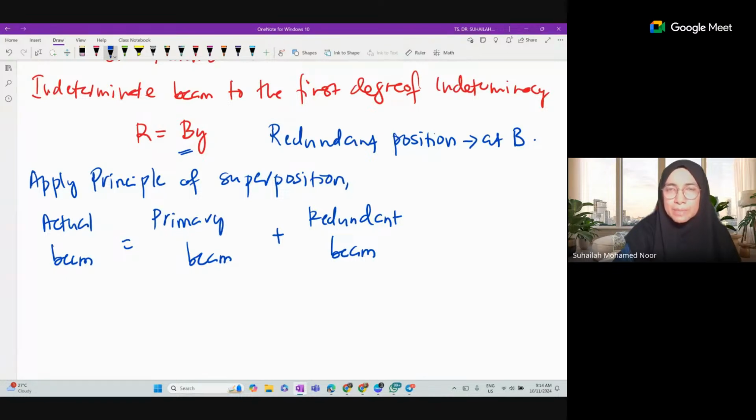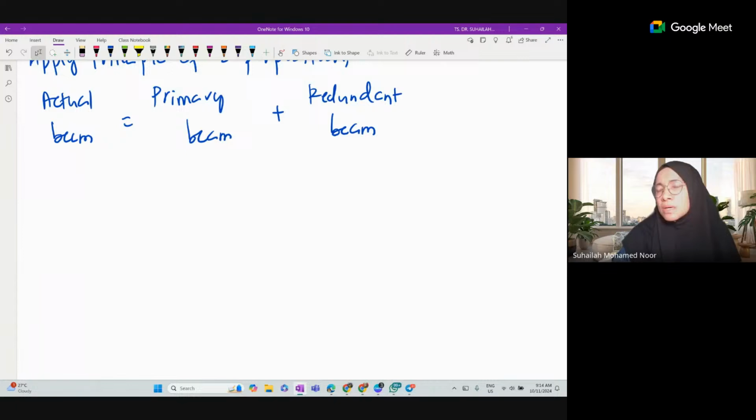Remember, the compatibility equation comes from the displacement at B. We have to look at the displacement occurring in the actual beam, primary beam, and redundant beam.